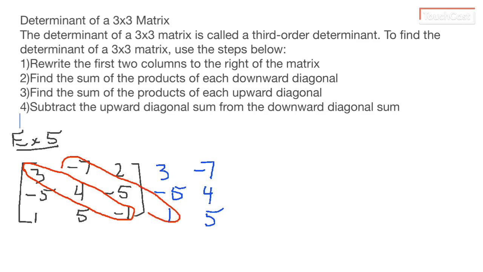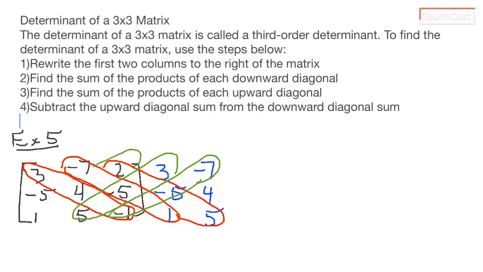We should get 3 of them if we have a 3 by 3 matrix. And then we're going to do the same, but this time instead of diagonally from the left, we're going to go diagonally from the right and create those diagonals. Now the downward diagonals are the ones where we moved from left to right. The numbers go down in the matrix.